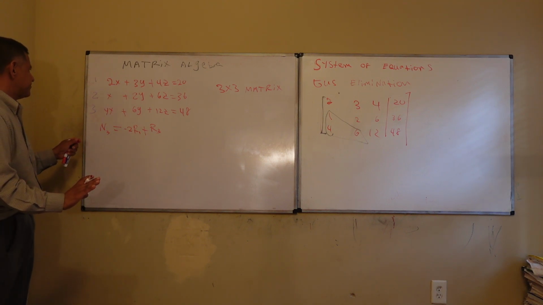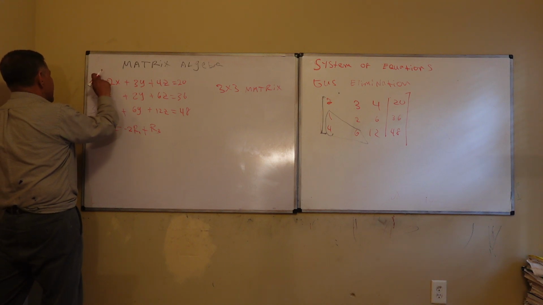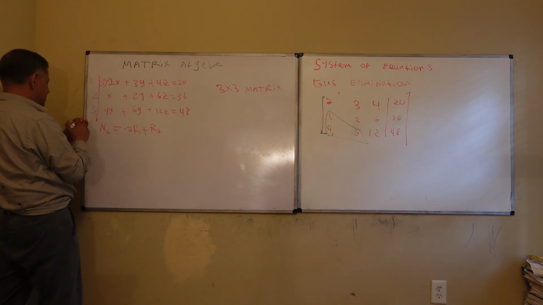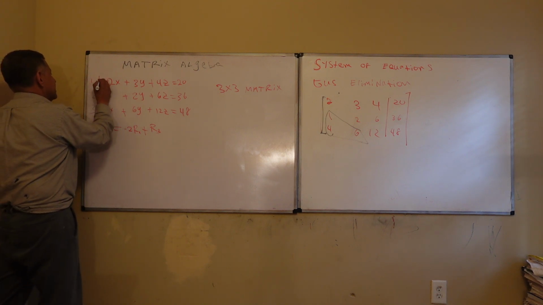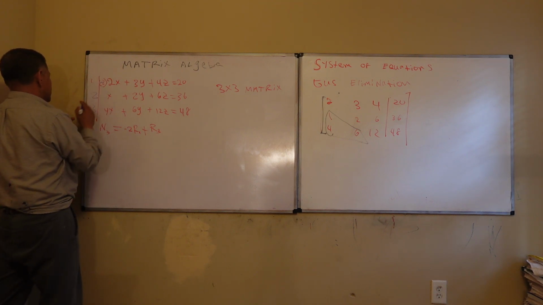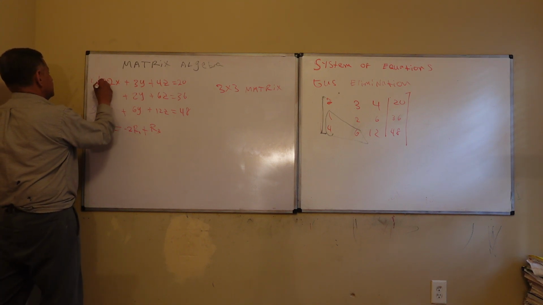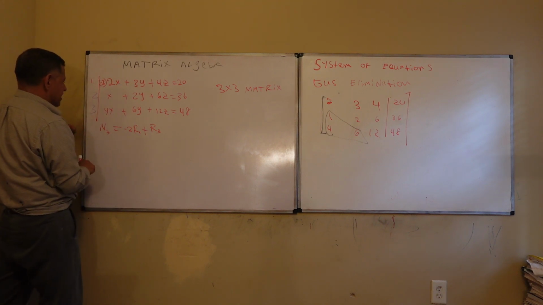Okay, in this case, I'm going to multiply this guy by -2. I hope that it's clear. I am multiplying that by -2. Multiply this guy by -2.